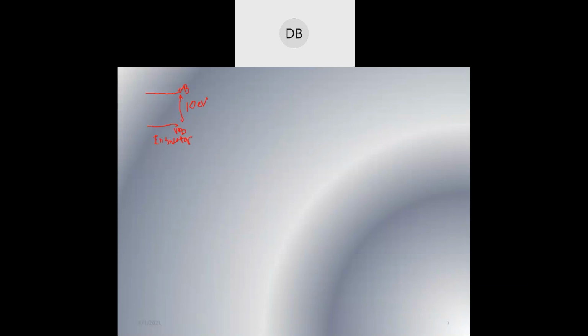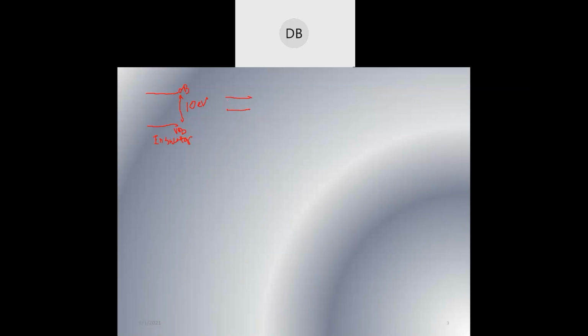All right, now let's draw another one. The semiconductor will be slightly smaller, the same situation.